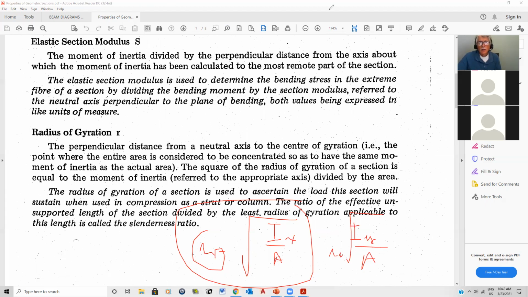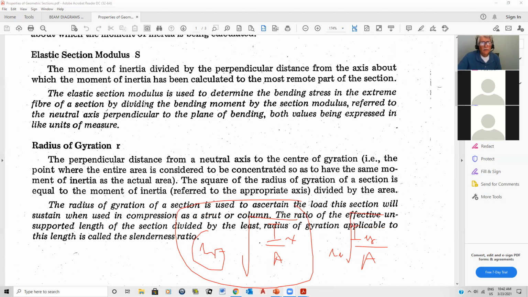And there's one more property they don't talk about here. This is the elastic section modulus S, and then you have another one called the plastic section modulus, called Z. S is the stress caused at the outermost fibers, whereas for Z, the whole thing plastifies.